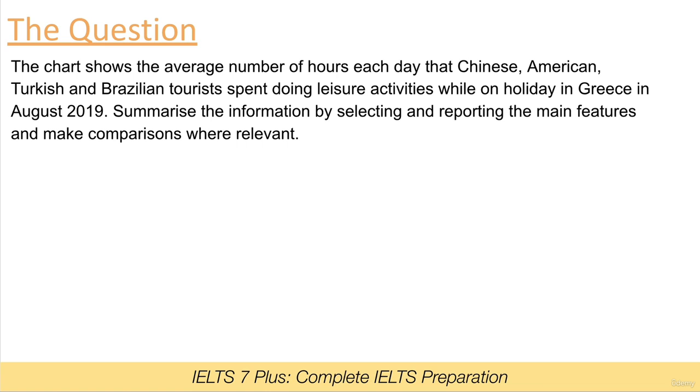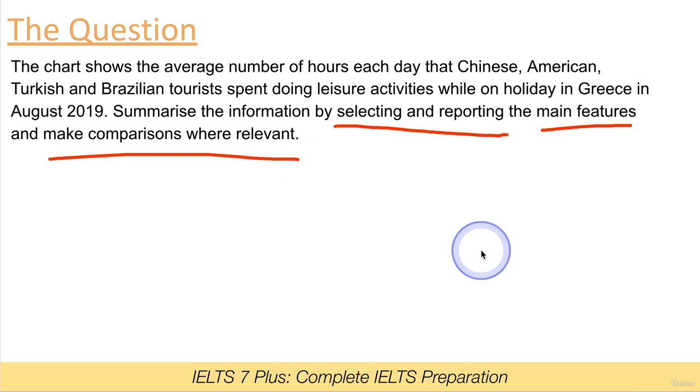Summarize the information by selecting and reporting the main features and make comparisons where relevant. Okay, so that's our task. Right, so as we were just talking about, yes, we need to select the main features and also make comparisons where they are relevant here.